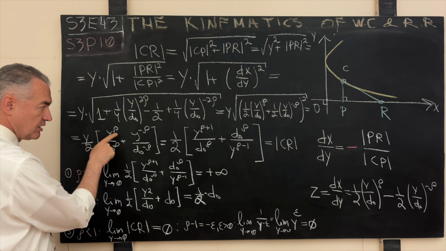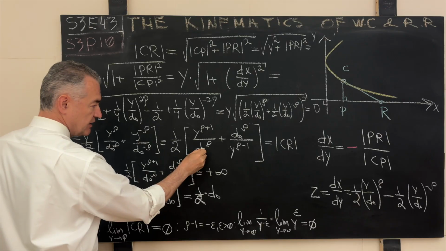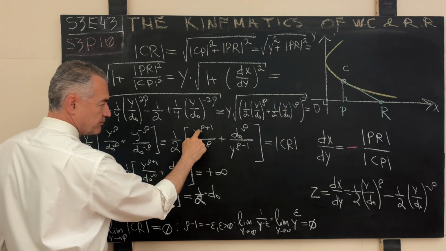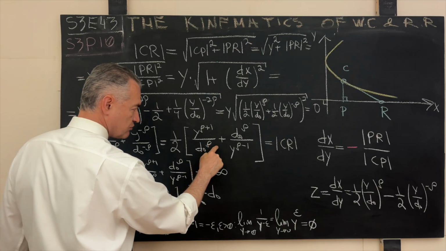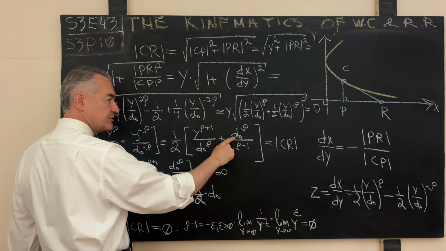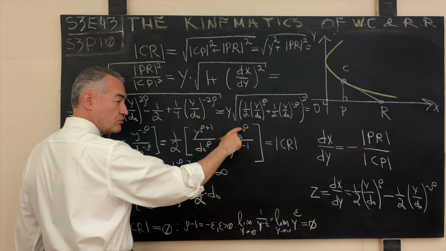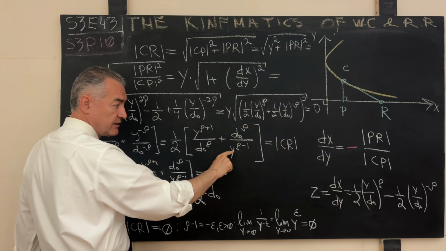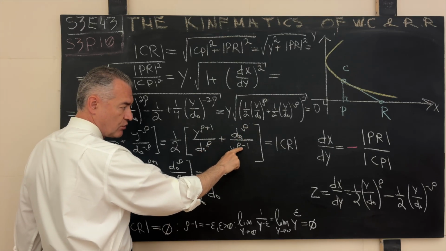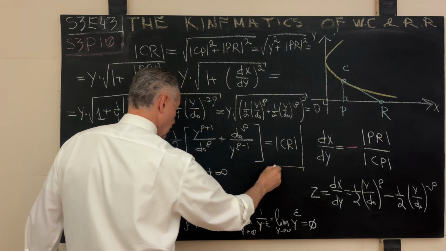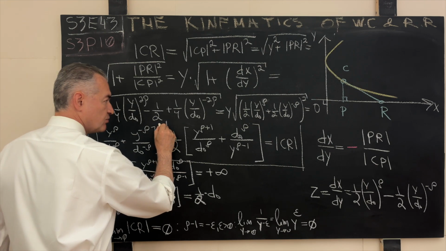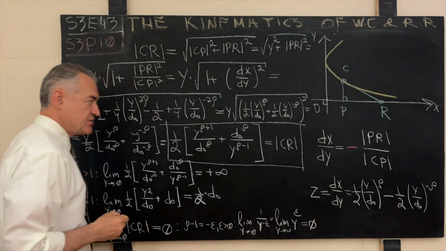So we bring it in, and this is the expression: 1/2 y raised to the power of rho plus 1 over d0 raised to the power rho, plus d0 in the numerator now raised to the power of rho, and then y raised to the power of rho minus 1. Don't forget. So this is the equation for the distance between the chaser and the runner.